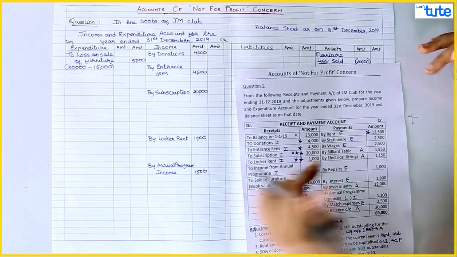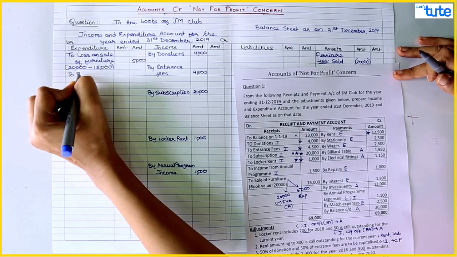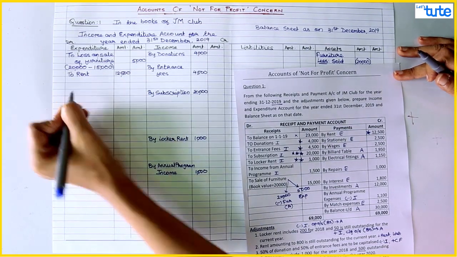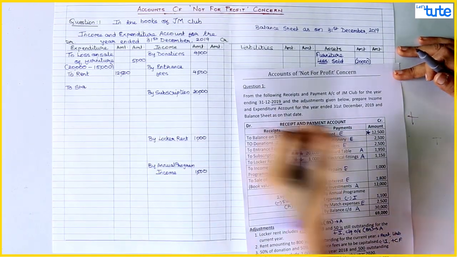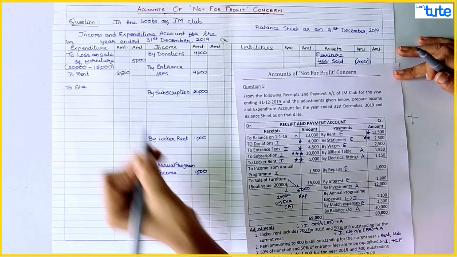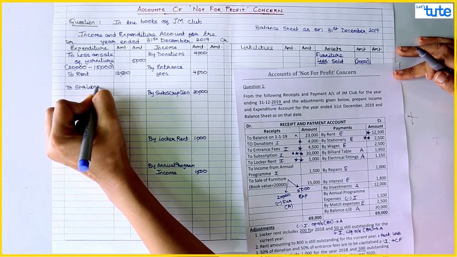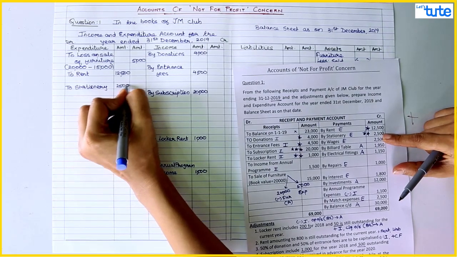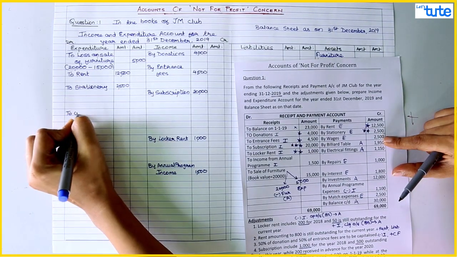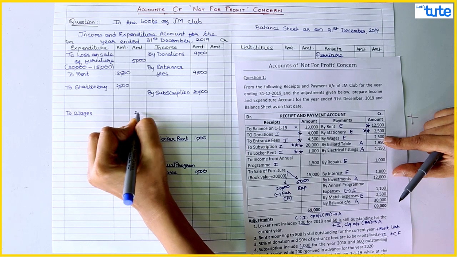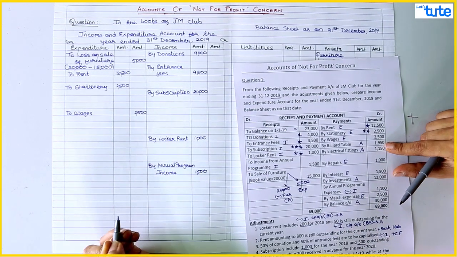Next, rent. On the expense side, to rent, there is an adjustment, 12,500. To stationery. On stationery also there were adjustments, opening and closing stock of stationery. To stationery 2,500. Next, wages. To wages, no adjustment in the outer column, directly 2,500.